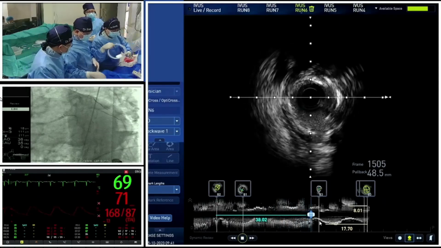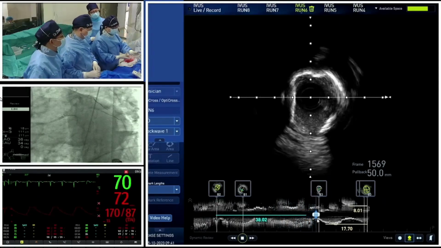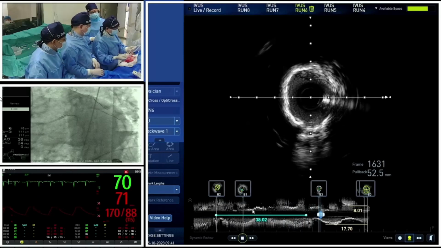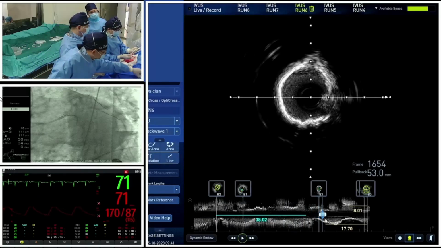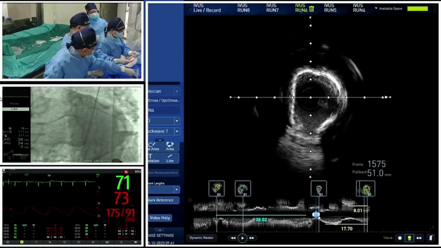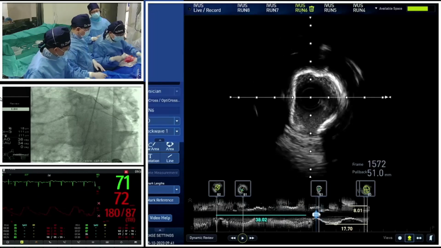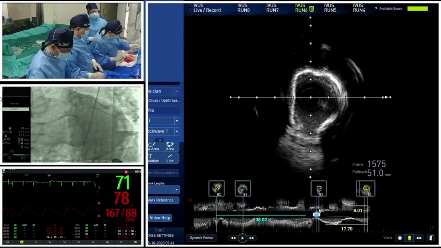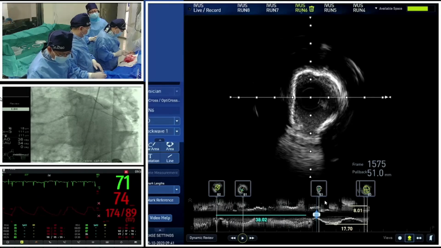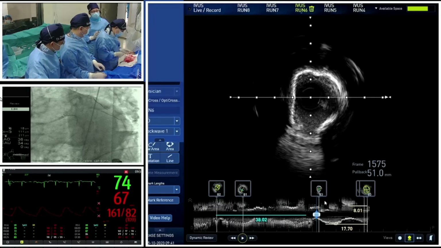We can see the wire in the diagonal, and we see there are some fractures of the calcified plaques in the IVUS. This is a good example for the use of IVL. Yeah, from the IVUS, I think we could see some fractures. That means the IVL did work.